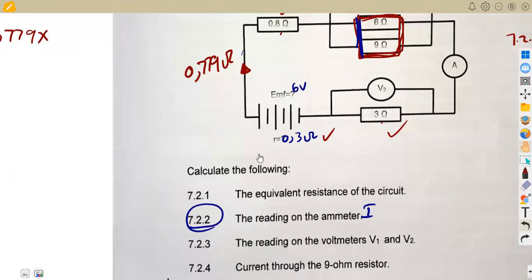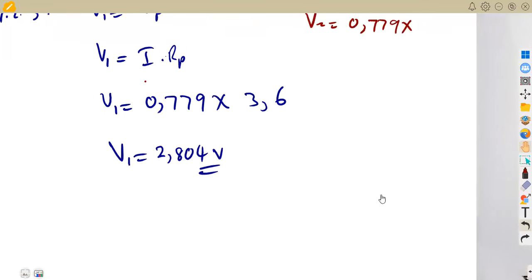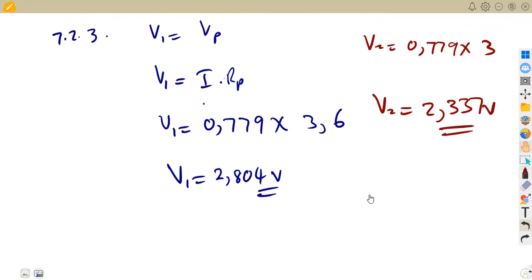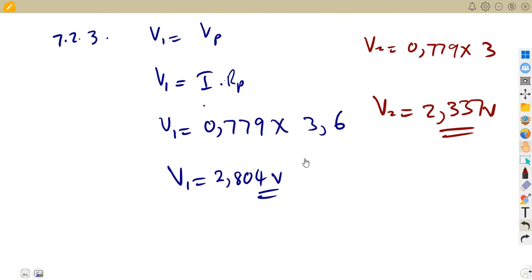The resistor across is 3 ohm. So we multiply the current by the resistance, and we get the voltage. So that's the reading on the voltmeter, which is going to be 2.337 volts in this case. All right, so that is how we're supposed to attempt these typical questions.